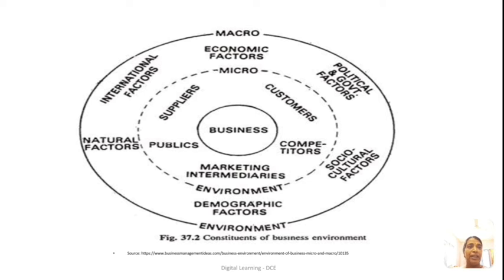It includes economic environment, political and government factors, socio-cultural environment, demographic environment, natural environment and international environment. All these factors will impact a business, but they affect all the firms in general, so we call it general environment. I hope you are clear with this picture.